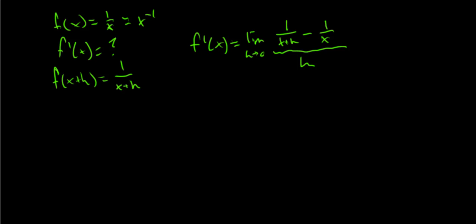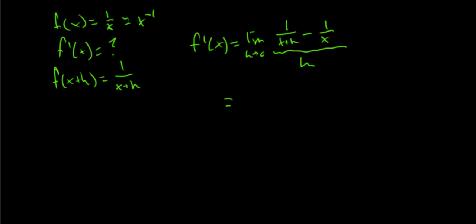Okay, so our numerator is not so easy to subtract because we have two different denominators, but we can make this something we can subtract by multiplying the numerator and denominator of our first fraction by the denominator of the second, and multiplying the numerator and denominator of the second fraction by the denominator of the first.